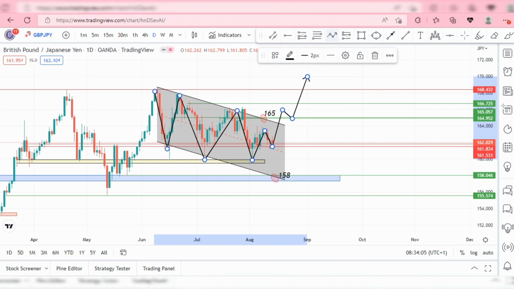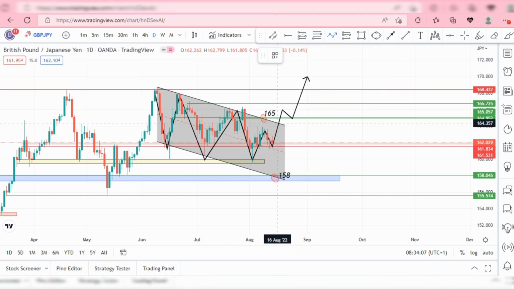On the other hand, if price gets to this level here and gives us a bearish signal, then we'll be looking to take our sell all the way down to the 158 level, and then we'll see how price reacts. Either price breaks that level or price bounces off again to the upside.